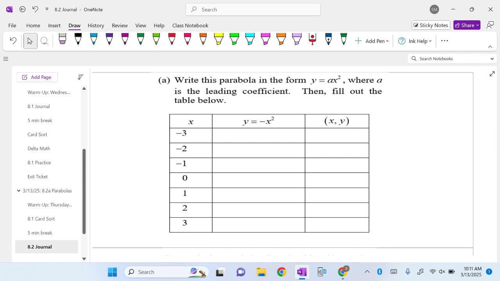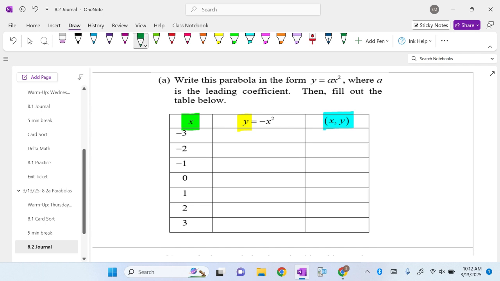Now, we're going to do this by hand because this is also something that they can throw at you. But it's a very, very easy function to do by hand. So these are our x values, and we're going to find our y values from our function negative x squared by plugging in our x value, and then that should give us our point when we put the x and y together. So we're going to do this together.